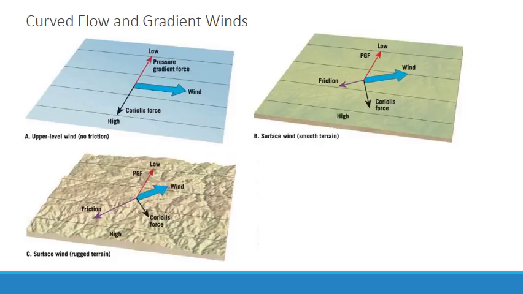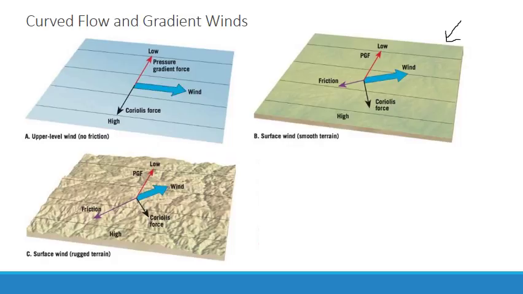Because the pressure gradient force is not affected by wind speed, it wins the tug of war against the Coriolis force, as you can sort of see happening in this diagram. The result is the movement of air at an angle across the isobars toward the area of low pressure.